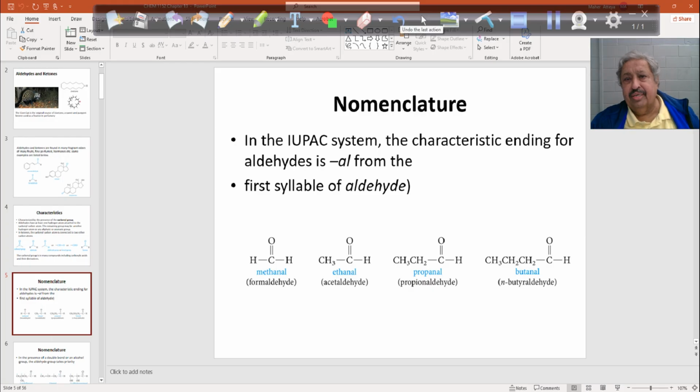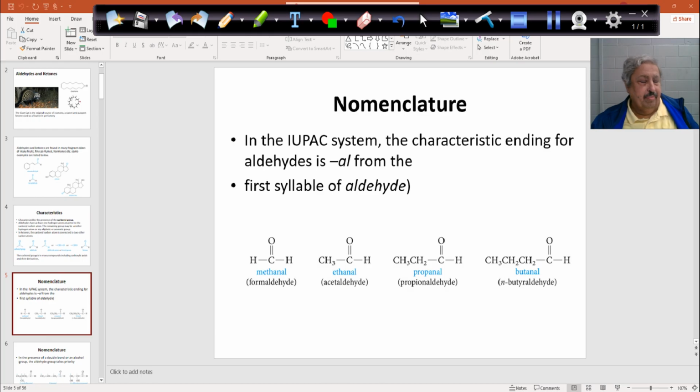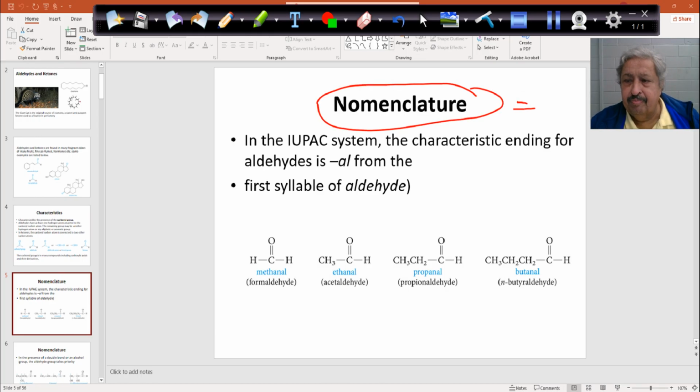Okay, so nomenclature. Well, the nomenclature is straightforward. Nomenclature means naming. So we are naming those aldehydes and ketones.